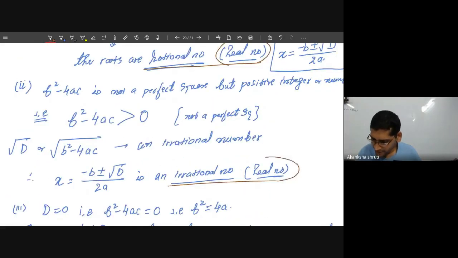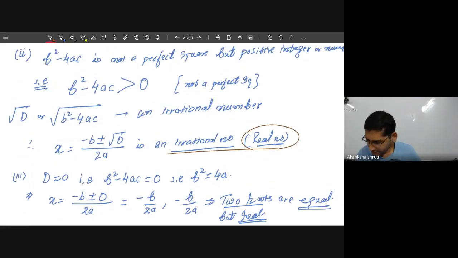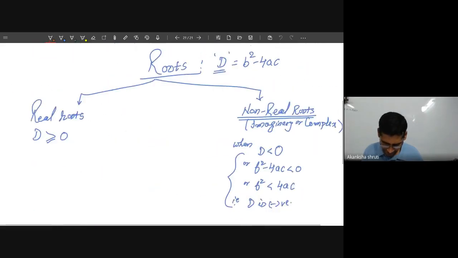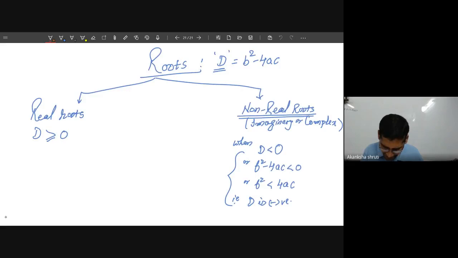Irrational root, it is also real. Even equal root, it is also real. Okay, maybe rational or irrational depending on a, b, c. So that's why we can write, for the real root, D should be greater or equal to 0.